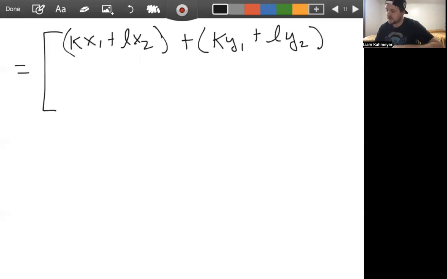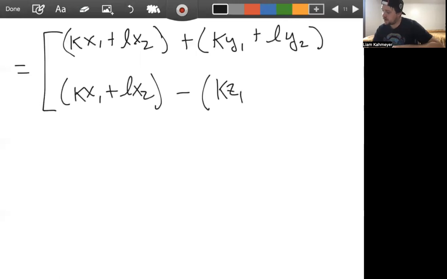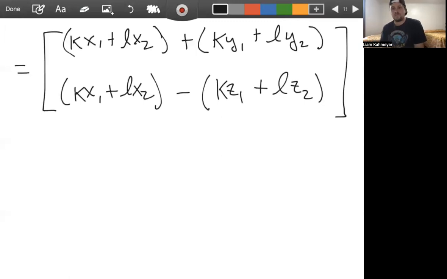And then we have x minus z. So we have k x1 plus l x2, that's the first component, minus the third component, which is k z1 plus l z2. That's the result of our transformation here.